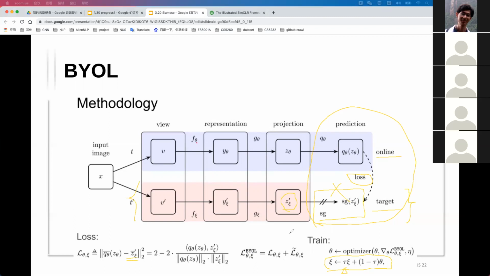Yeah, I understand it. But the weights along the red part or the pink, the target branch, are not updated anymore. Yeah, the parameter of the target branch is updated by the momentum mechanism here.